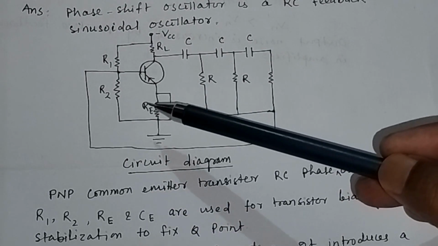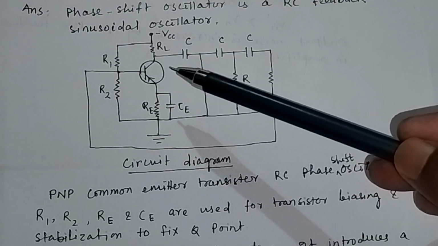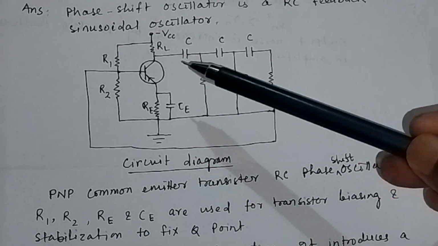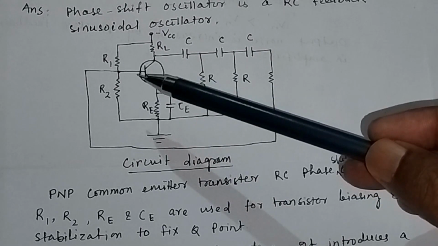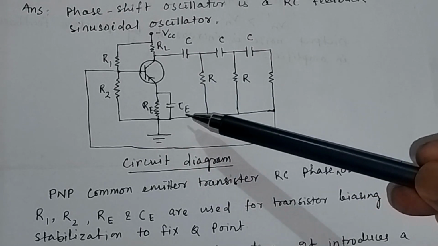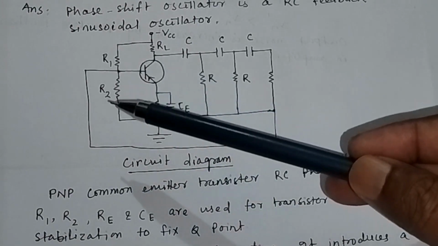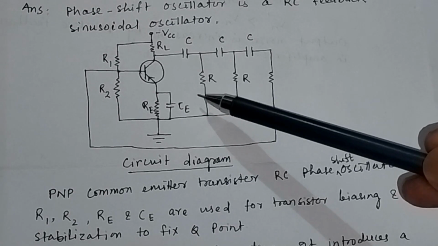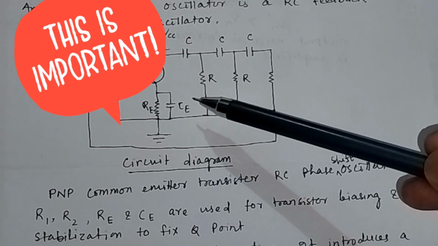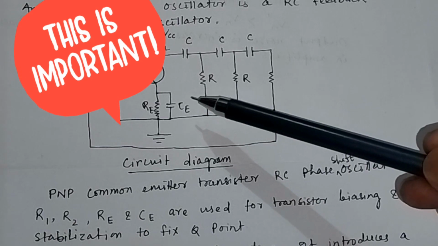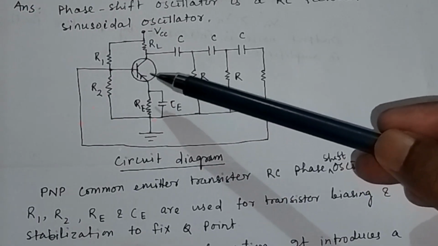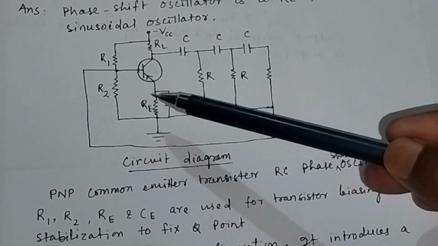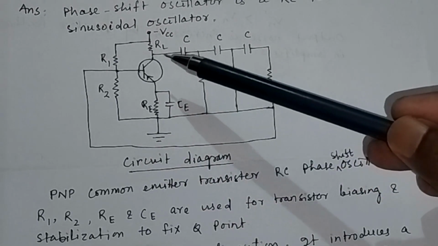I have discussed this resistor R1 and R2, which is basically used for the transistor biasing and stabilization. R1, R2, RE and CE, all these are used for transistor biasing and transistor stabilization. The transistor is in common emitter configuration. You see this is the emitter which is common to the base, and this emitter is also common to the collector.